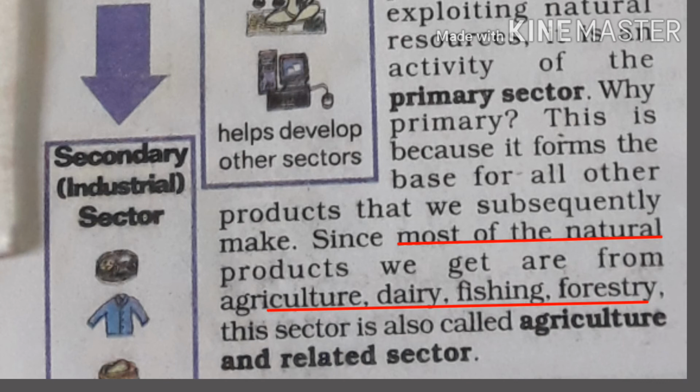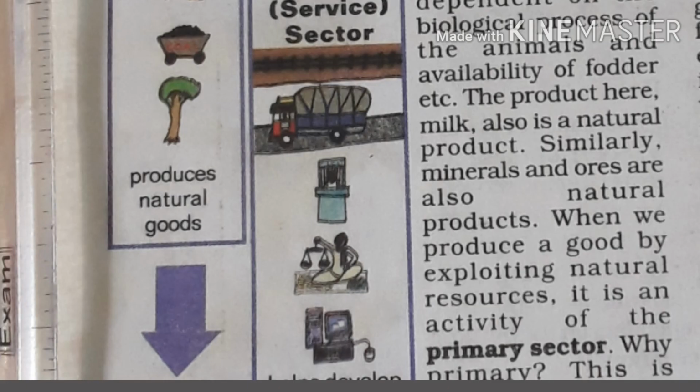Since most of the natural products we get are from agriculture, dairy, fishing, and forestry, this sector is also called agriculture and related sector. Thus, when we produce a good by exploiting natural resources, it is an activity of the primary sector.